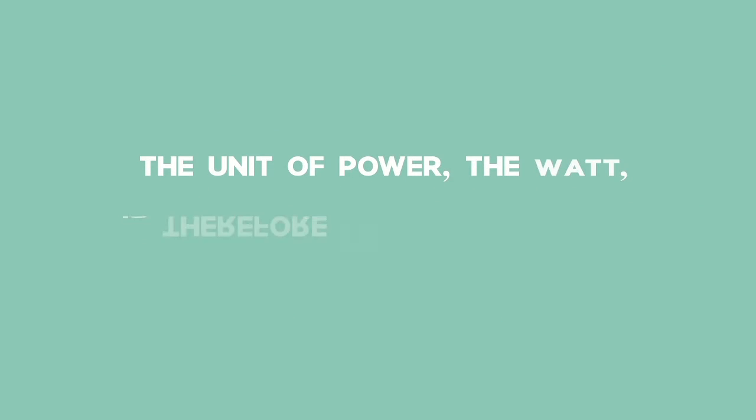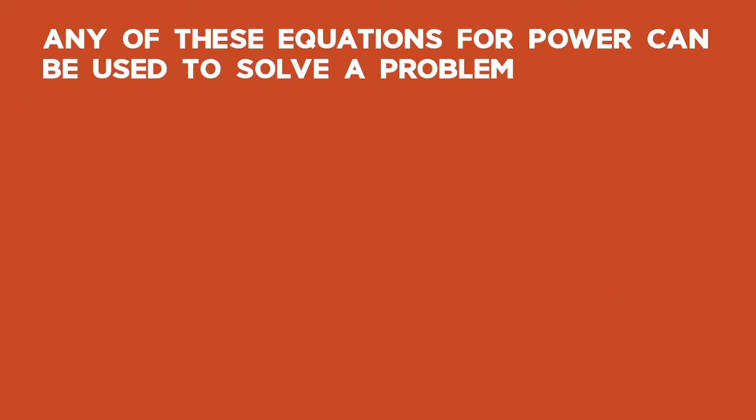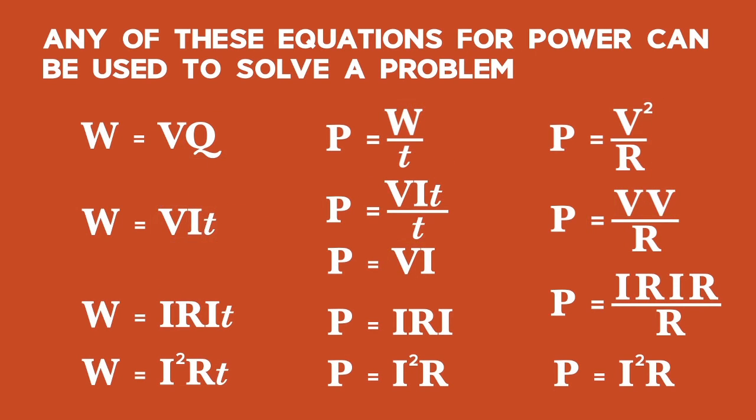The unit of power, the watt, is therefore equivalent to the potential difference, volts, V, times current, the ampere, A. The relationship between work and power is shown by the equations. If this all looks very confusing, don't panic. All you must do is look at the information given to you and choose between the first, second, or third equation.